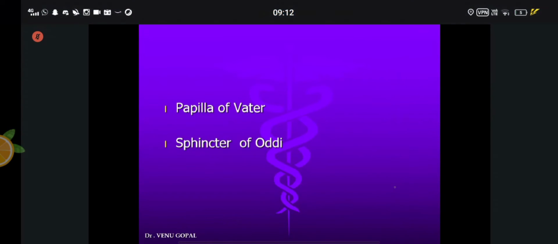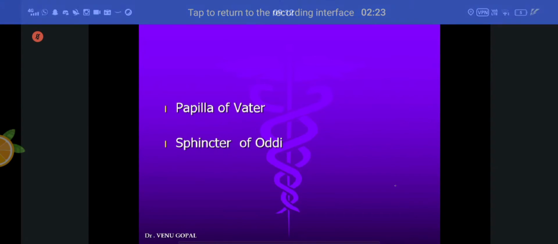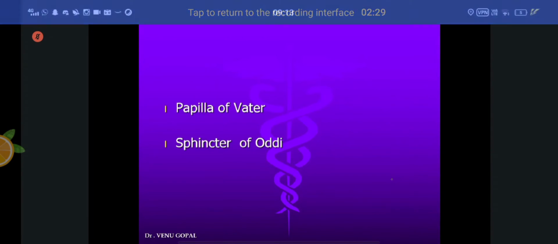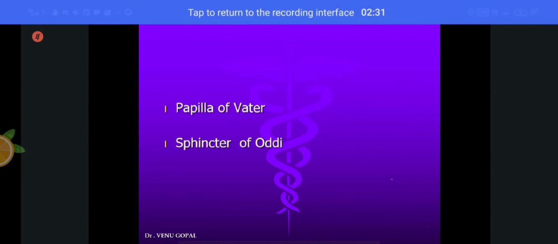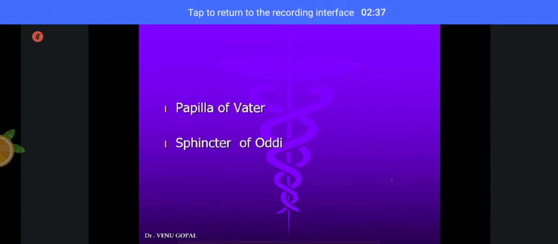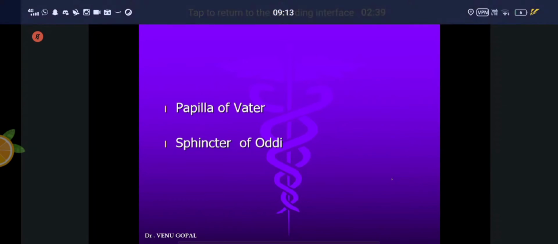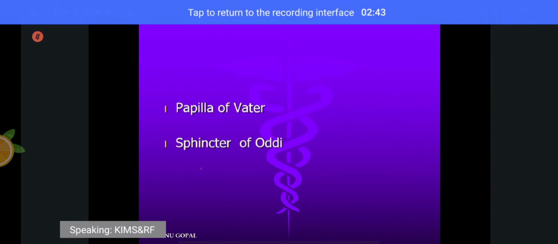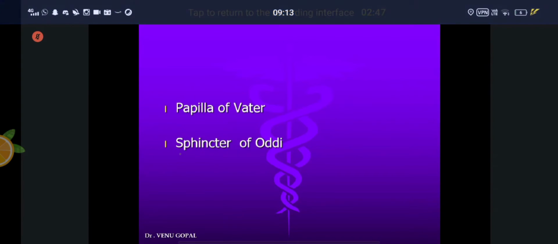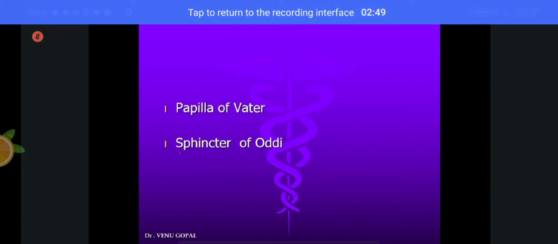Ultimately, all these ductules will join to form ducts, and the pancreatic duct will combine with the bile duct on the other side. Then both join together and open through a common opening into the second part of the duodenum, the papilla of Vater. In the C shape of the duodenum, second part, we have the papilla of Vater, which is guarded by a smooth muscle sphincter, a regulator to release bile or pancreatic juice.